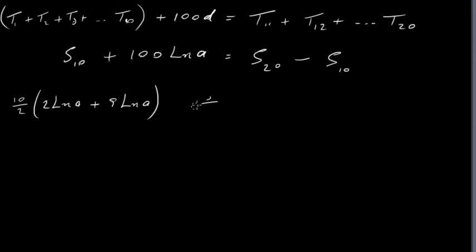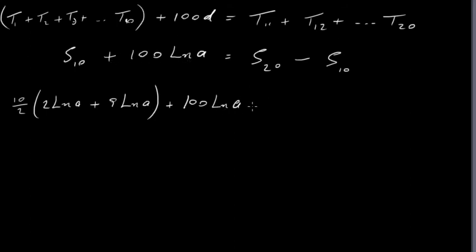I just remembered here on the left hand side we've also got to add 100 log A. This is the sum of the first 10 terms, and this is our plus 100 log A here.